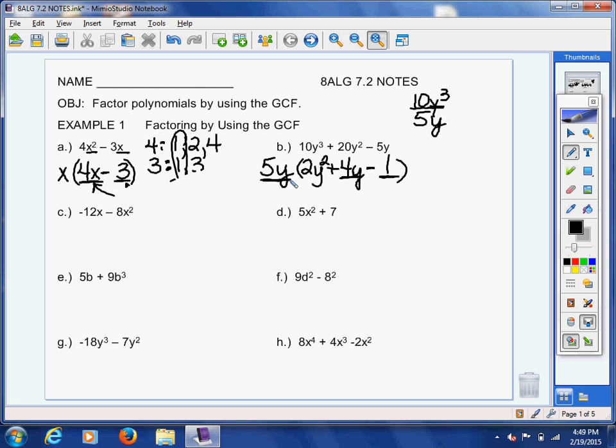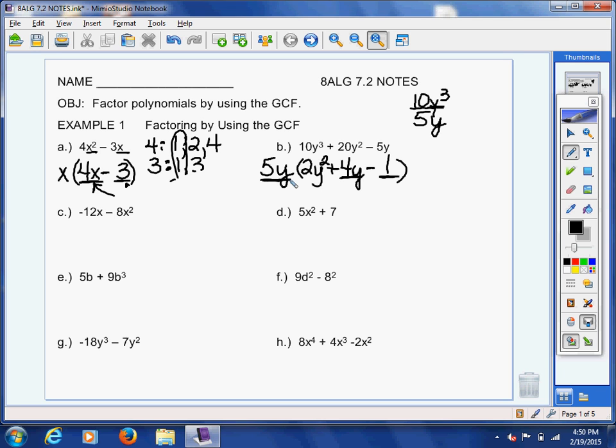All right, we're looking for the GCF of negative 12x and minus 8x squared. So 8 doesn't go into 12, so I can't use my little trick here. I do need to think of the biggest number that is a factor of both negative 12 and negative 8. A couple ways you could factor this out.